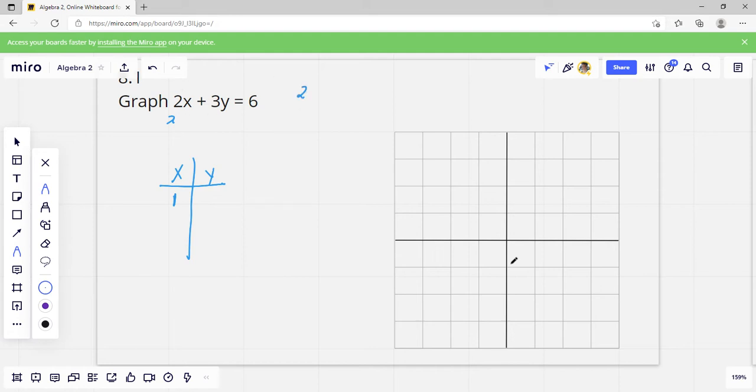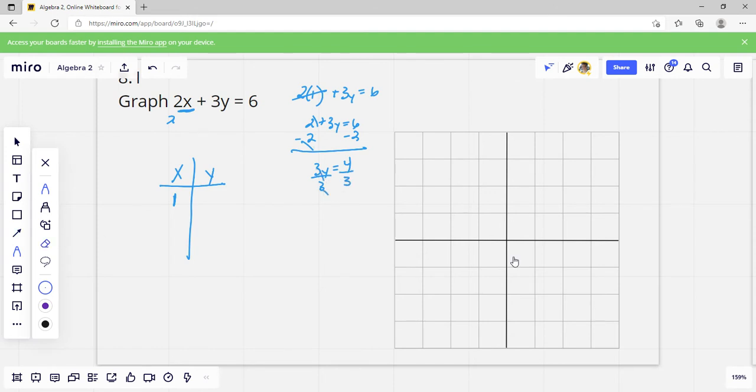So if I said 2 times 1 instead of my x, we want to plug numbers in for x and see what we get for y, plus 3y equals 6. 2 times 1 would be 2, plus 3y equals 6. Now we're going to do minus 2 on both sides. We're going to get 3y equals 6 minus 2 is 4. Divide by 3. We're going to get 4 over 3.